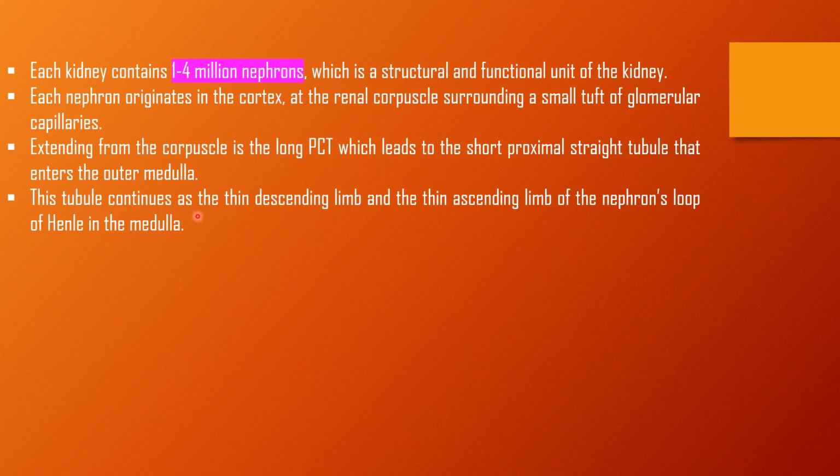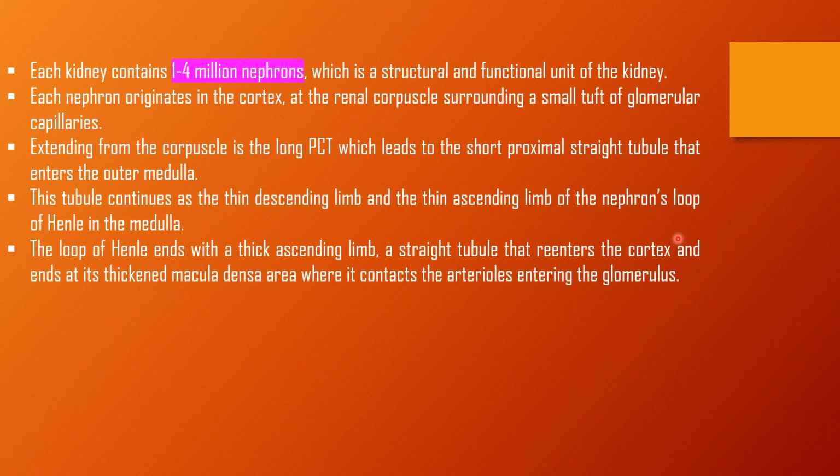This tubule continues as the thin descending limb and thin ascending limb of the nephron loop of Henle in the medulla. The loop of Henle ends with the thick ascending limb, a straight tubule that enters the cortex and ends at its thickened macula densa area, where it contacts the arterioles entering the glomerulus.